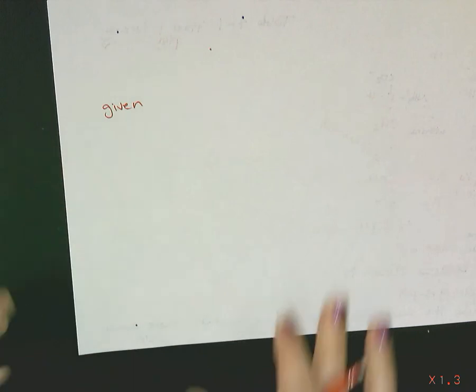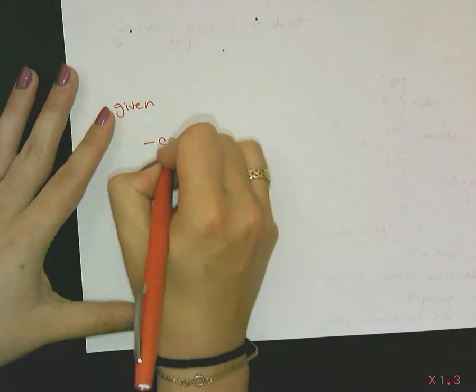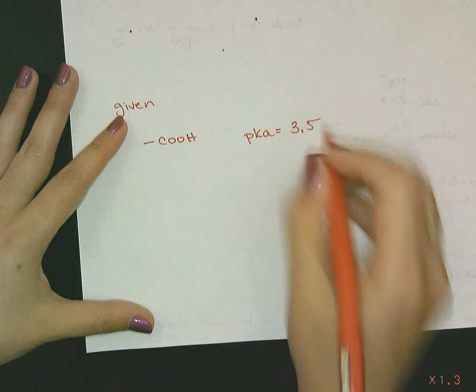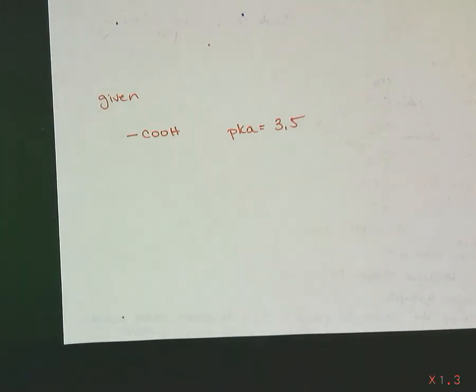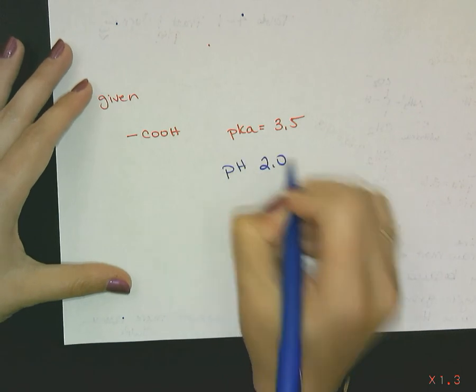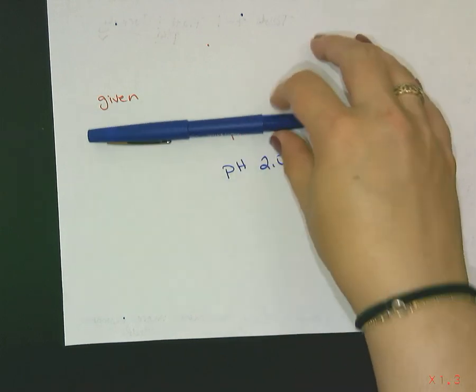So given, we'll pick a pKa off the table. We'll say the C-terminus. Right, so if that's what I have off the table, 3.5 pKa equals that. If I am at pH 2, what does that say about the proton concentration in my solution, ignoring everything else?